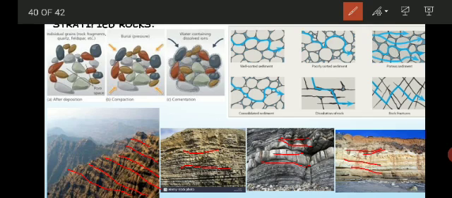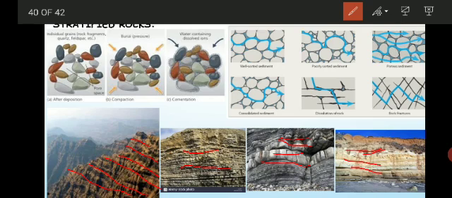Whenever there is a volcanic eruption, the lava comes on the surface and starts flowing, and after consolidation of that lava one above the other, that also shows layered rock. So only basalt shows layering.